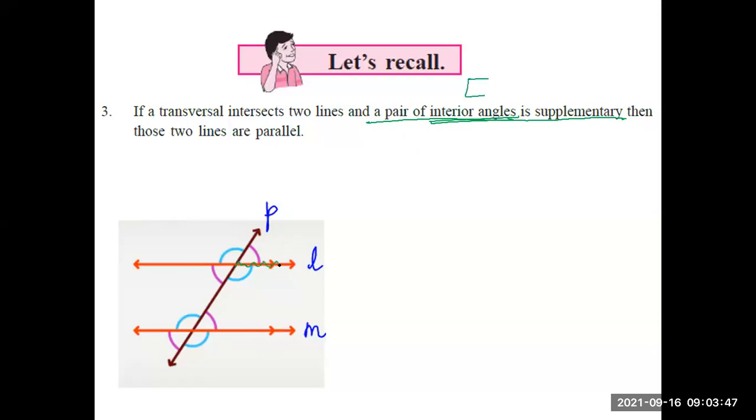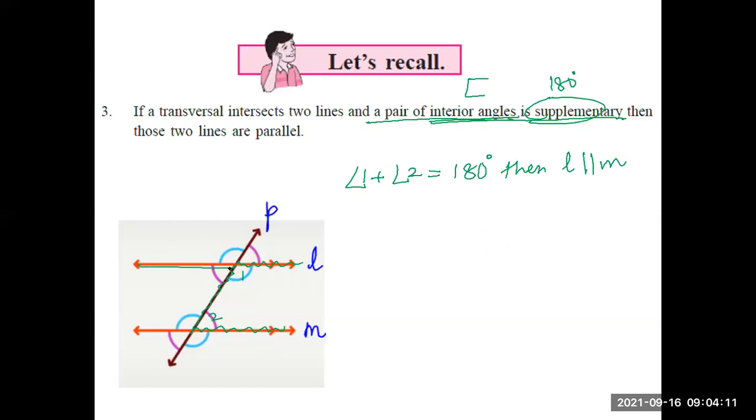So you see there is a C formation on this side. If angle 1 plus angle 2 is 180, supplementary, then we can say that line L is parallel to line M.